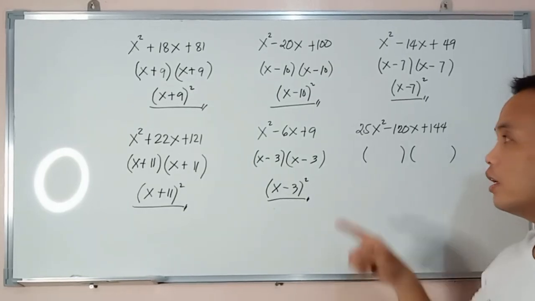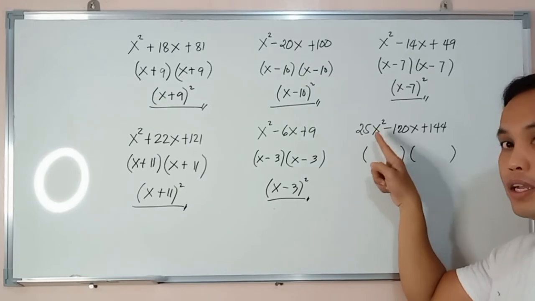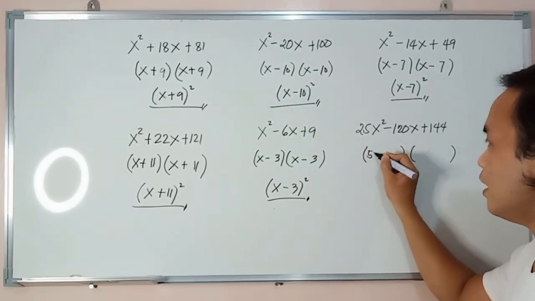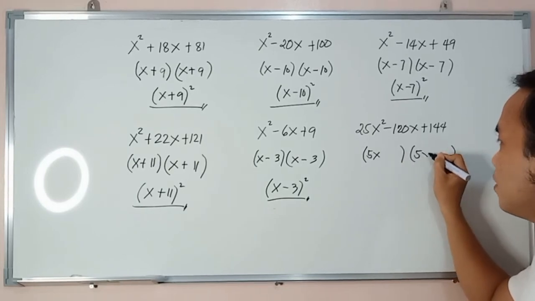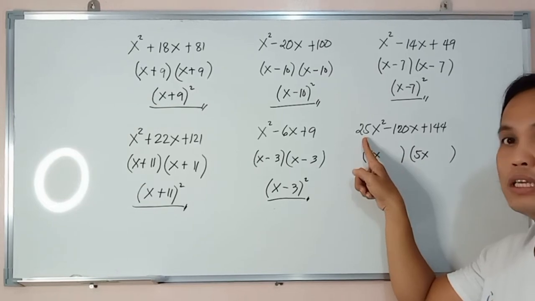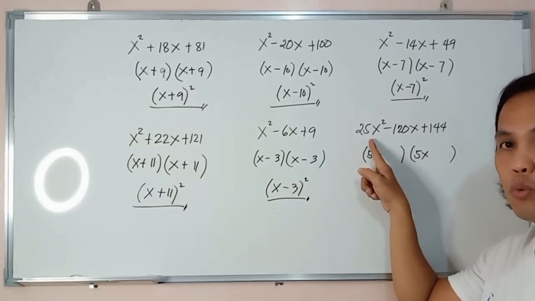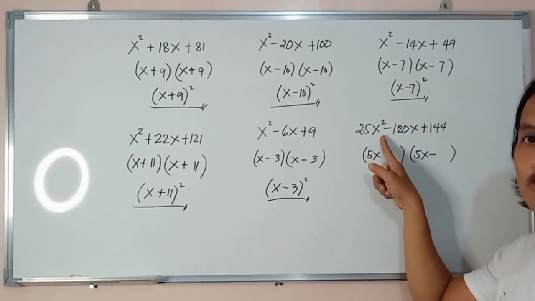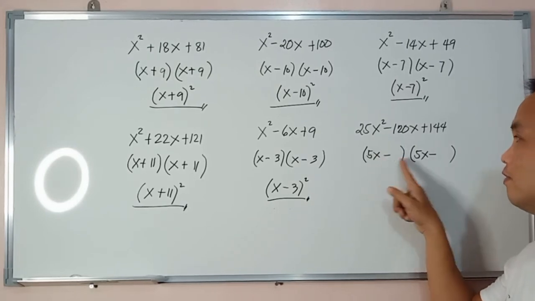Therefore, the square root of 25x squared is 5x. So this is 5x times 5x, and 5x times 5x will give us 25x squared. Then we copy the sign of the middle term, which is negative, so we have here negative and negative.